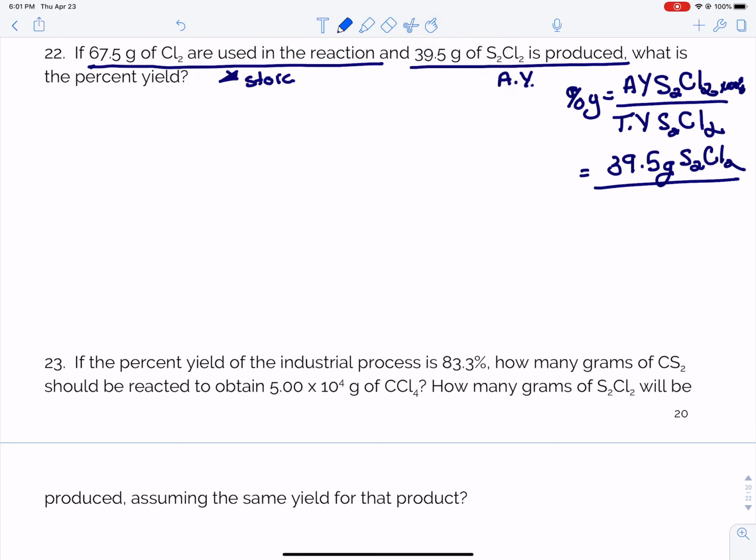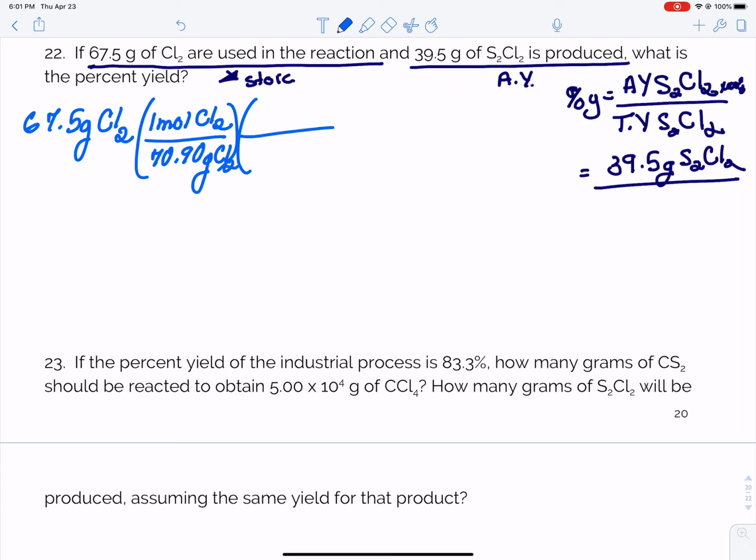I'm going to start with my 67.5 grams of Cl2 and use 3 parentheses to convert to grams of S2Cl2, right? 1 mole of chlorine is 70.90 grams of chlorine. According to the balanced chemical equation, 1 mole of disulfur dichloride needs 3 moles of chlorine gas.